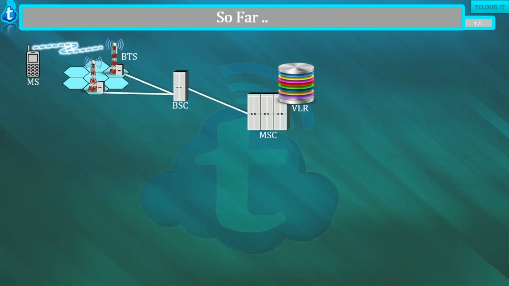All the subscribers who typically roam around this MSC geographical area, all those details will be present under this VLR. Storage will be there in the VLR, so that if any of those mobile phone users try to initiate services, that service request will eventually go all the way up to the MSC. The MSC, with the help of the information stored in the database, will be able to make a decision whether to accept that service or not.